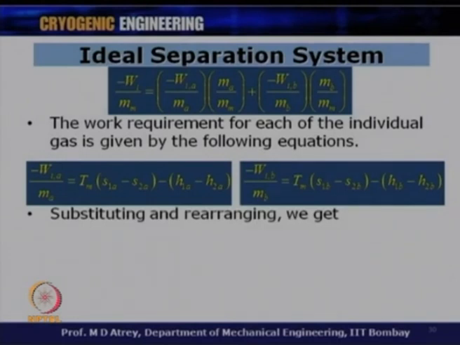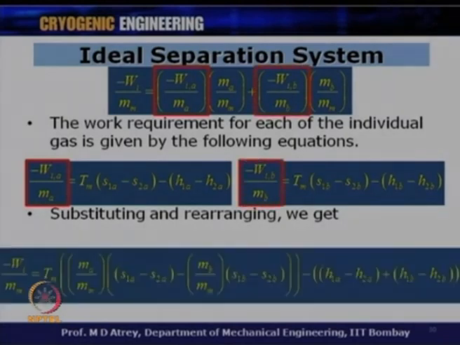Substituting and rearranging the terms, if I put this value in this equation, I will get a very long equation. So, substituting this by this and substituting Wib upon Mb by this, what I get is this very big expression over here. Tm is the temperature of mixture which is remaining constant.